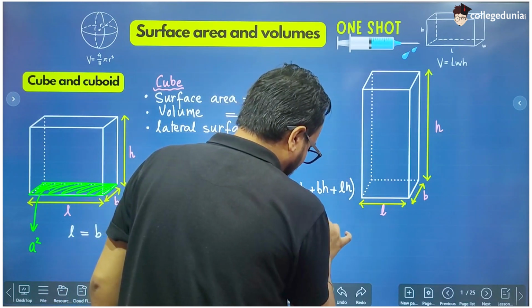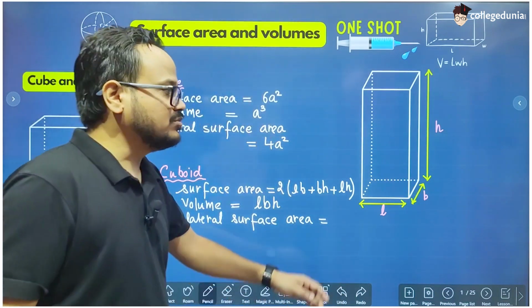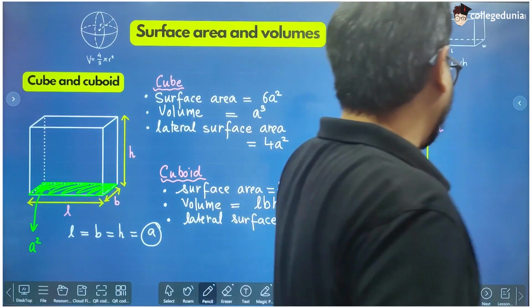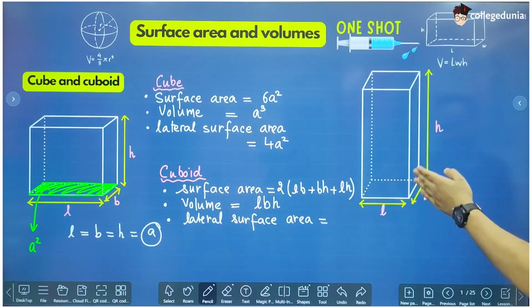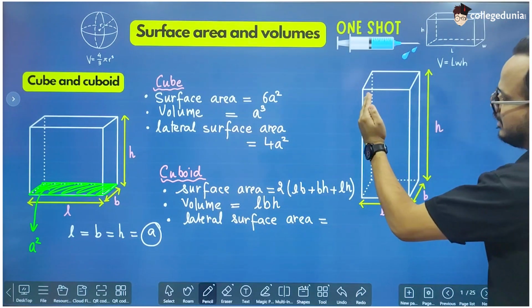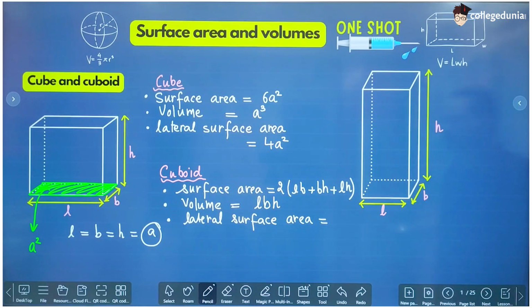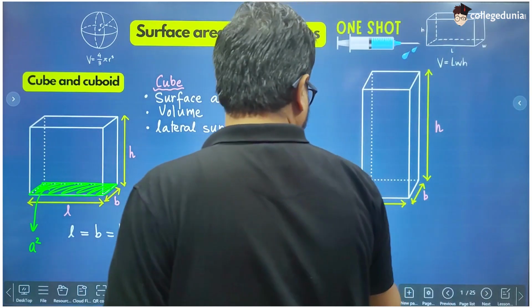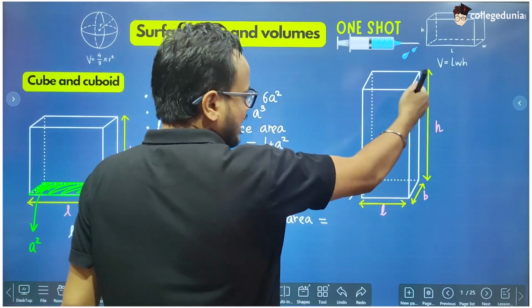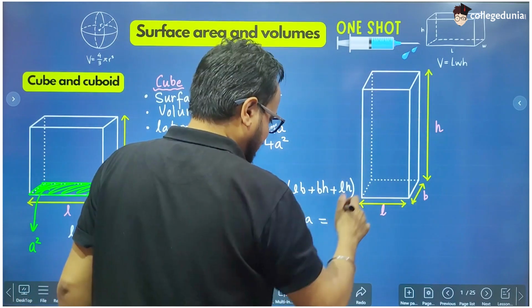And lateral surface area is the area of the 4 walls of the room. Just leave the ceiling and the ground, and you will get the area of the 4 walls of the room. That is called the lateral surface area, which is BH plus LH twice.